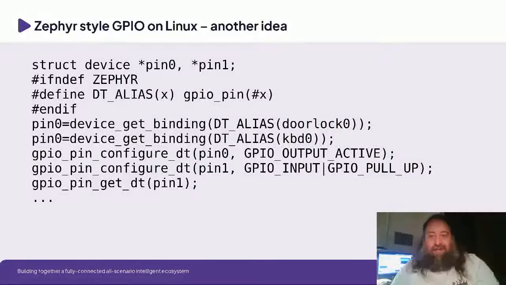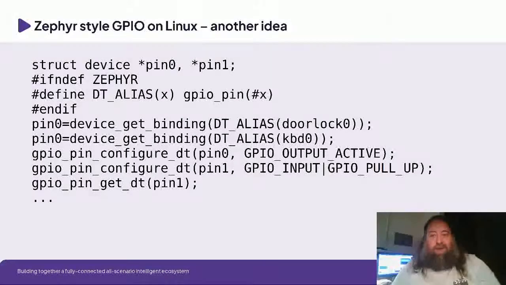The C code using it can be the exact same as in Zephyr. We just need to implement a GPIO pin function that looks up the name for a device in the Zephyr device tree and maps it to a Linux GPIO dev device and pin. And that could even go as far as using a config file, a kind of mini device tree.